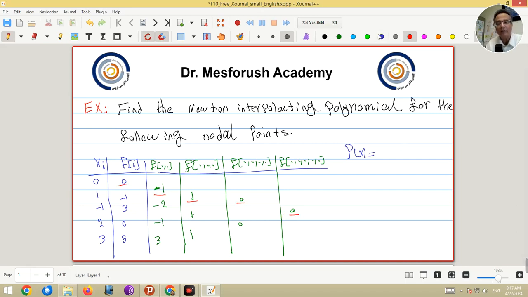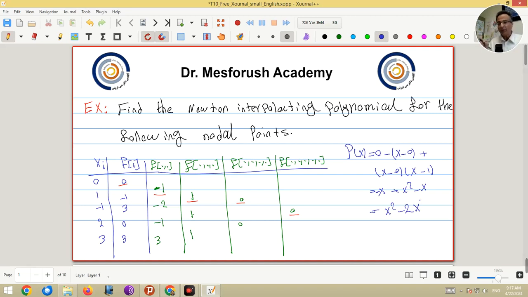So P of x will be f of x0, which is 0, minus (x minus 0) plus (x minus 0) times (x minus 1), and because these two other coefficients are 0, we need not continue, and we can just simplify these terms. So it will be minus x plus x squared minus x, and it will be x squared minus 2x.